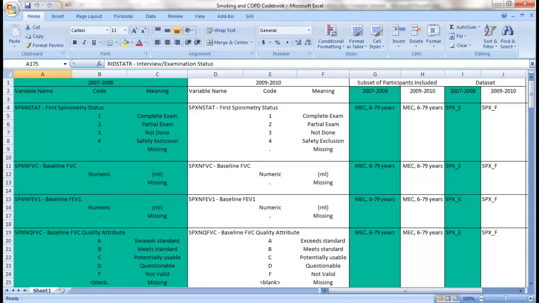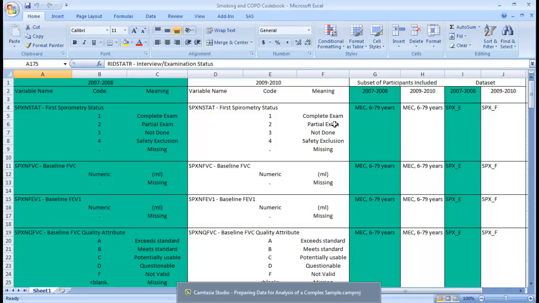So now we're at a point where each of our analyses is going to be a little bit different. You will remember in the Excel files that we created, I asked you to mark down which subset of participants were included for each of your variables. In my analysis, for example, here we have the baseline FVC.